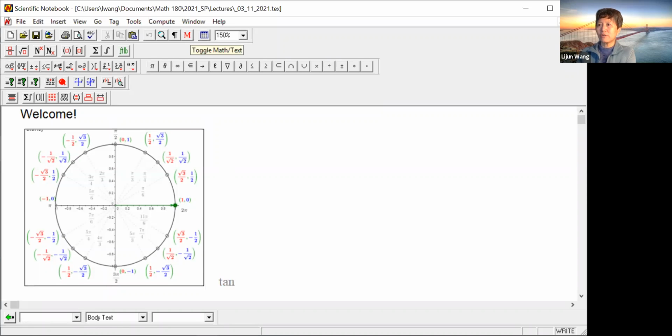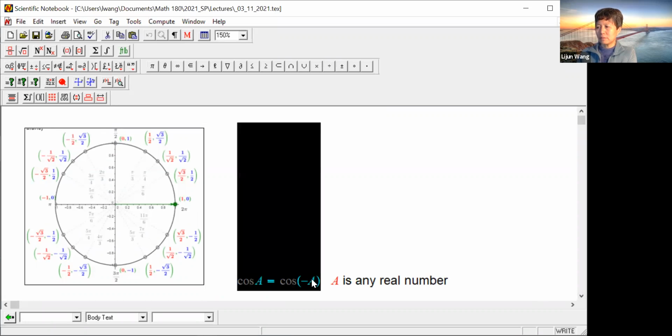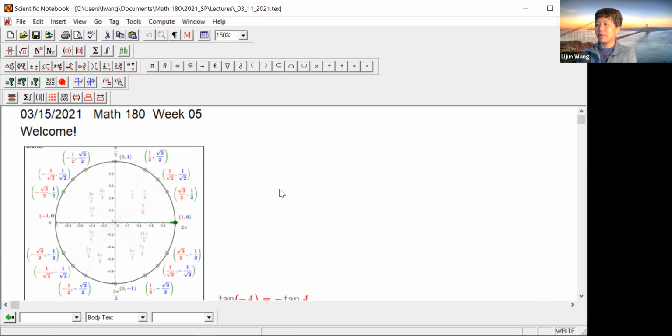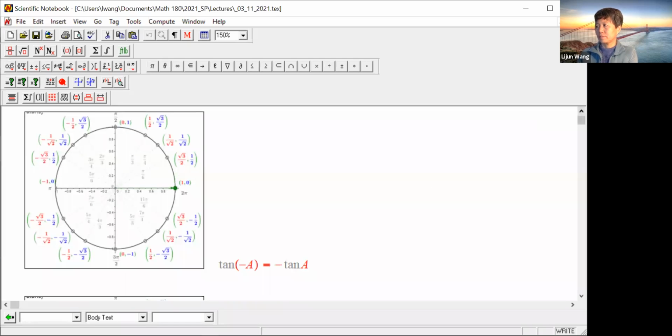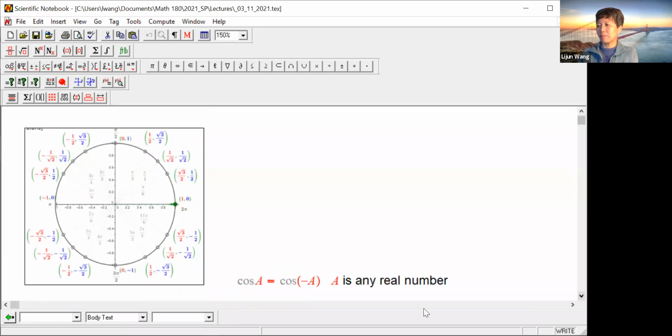So tangent of negative A equals negative of tangent of A. These are how we express them mathematically.